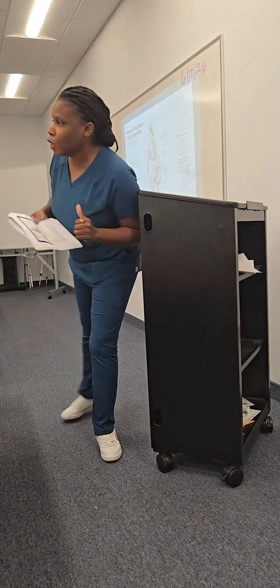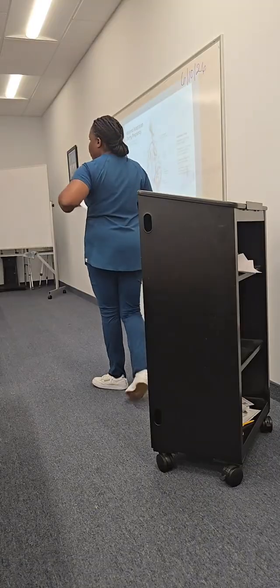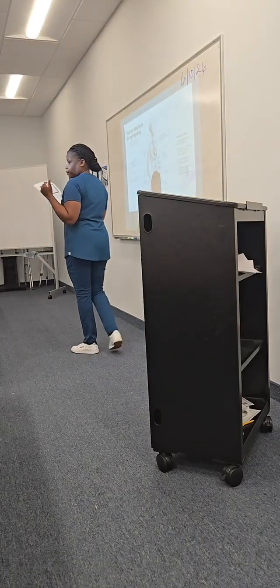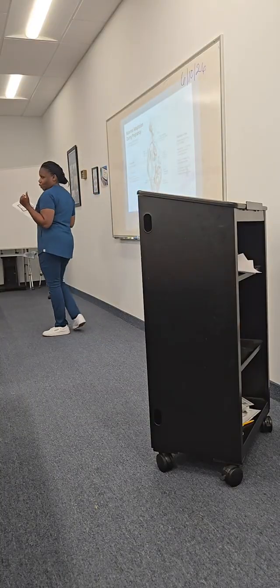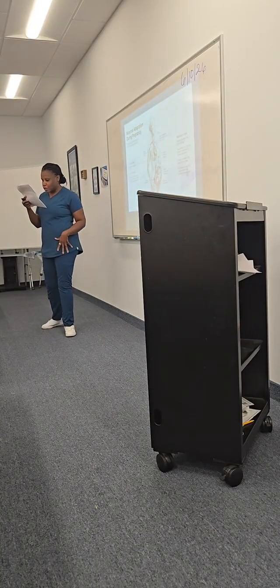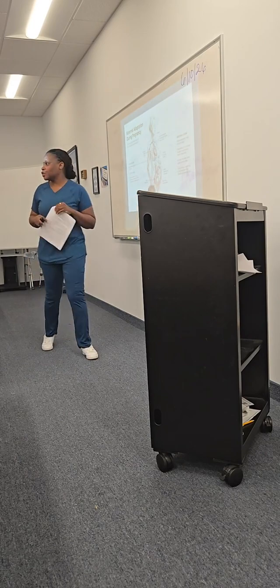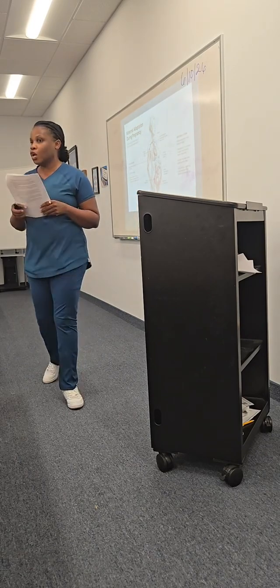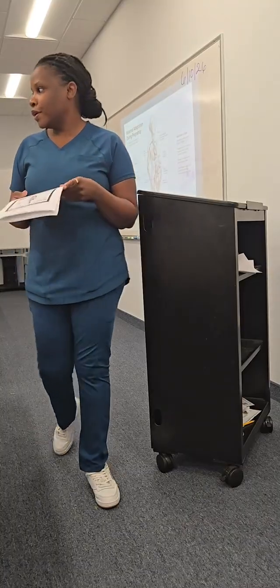You also should be familiar with the Chadwick sign. What is Chadwick? Bluish discoloration of the cervix. And why does that bluish discoloration take place? Anyone know or read that far in the book?